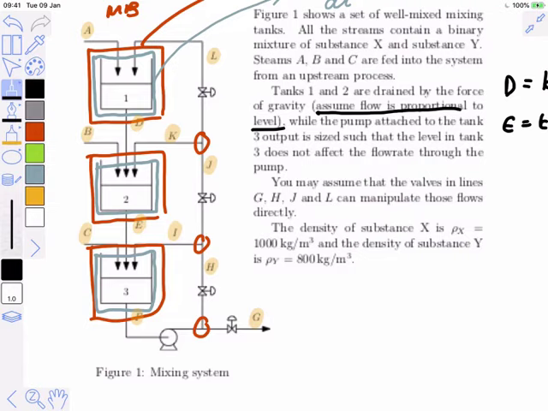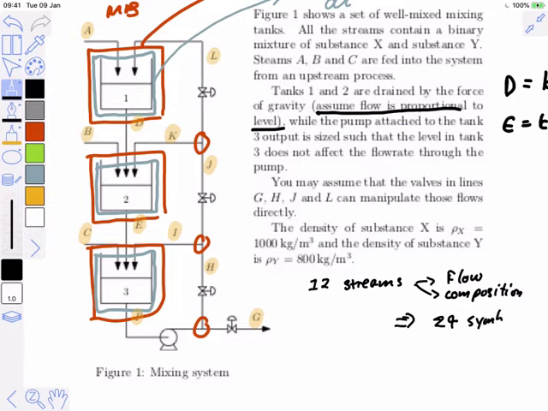Because writing takes time, I get that. So I usually try and get a good strategy in my head first before I really start writing things down. But I can see, okay, so there's 12 streams, right? And each of them has a flow and a composition. Okay, so that's 24 symbols. Just those are the things that are in the streams themselves.